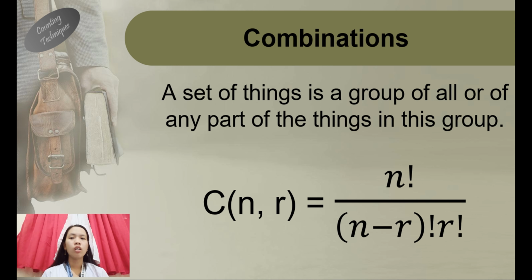We have the combination of n different things taken r at a time. It is equivalent to n factorial over n minus r factorial times r factorial. And that is the formula for the combination.